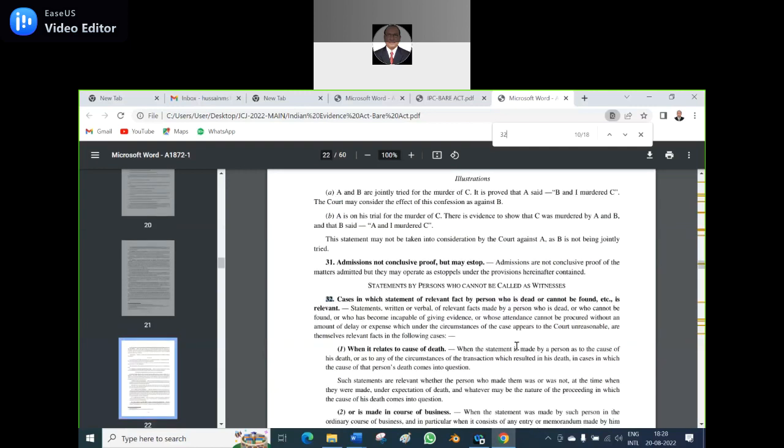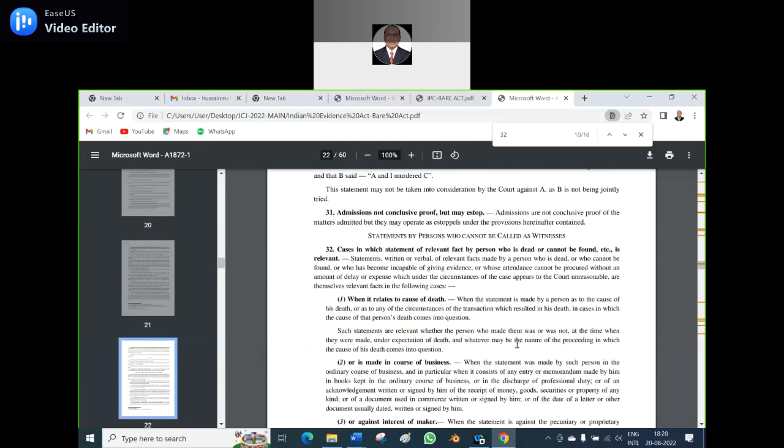It is a subheading for the section: Cases in which the statement of relevant fact by a person who is dead or cannot be found, etc. is relevant. Later some explanation is given, and in the following cases, colon and dash, and one is written over there. If you closely watch, the one is in italics.